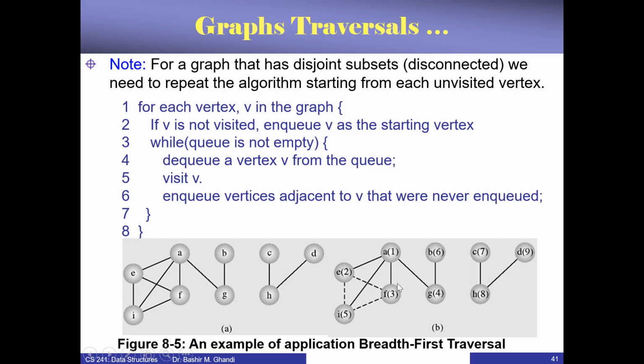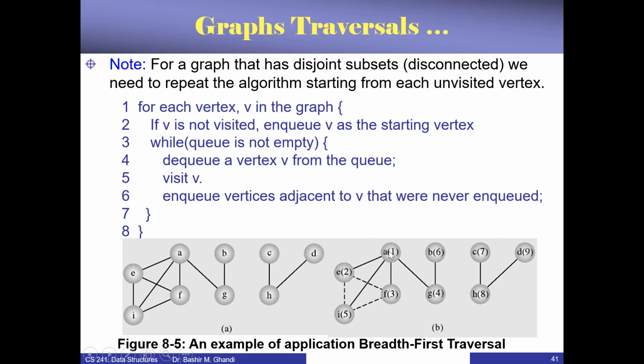We will do F, alphabetically is number 3, and I is also directly connected, but before I, we do G, so alphabetically G is next. And then I. So this is how they will be visited. All the children of A must be done before looking at the grandchildren.